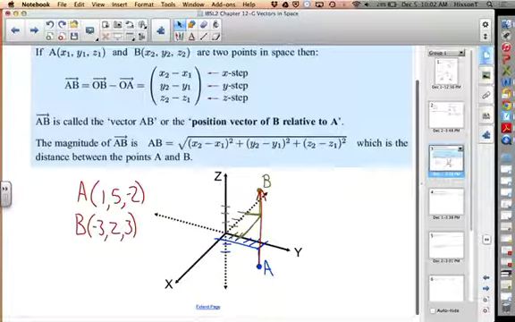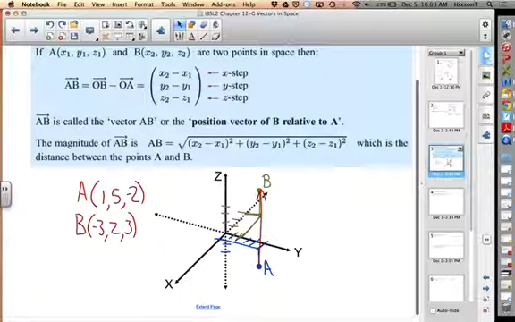So depending on what angle you're looking at, it looks like it might be going straight up. But keep in mind, B is kind of behind A and a little over. Alright, so don't just go based on what it looks like. So there's the vector AB drawn in 3 dimensions.